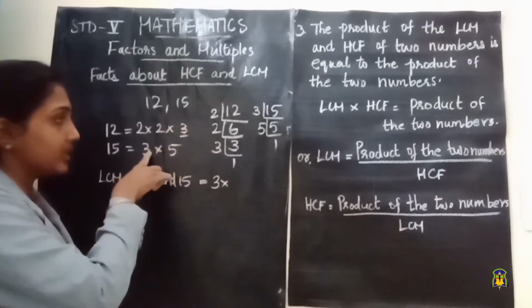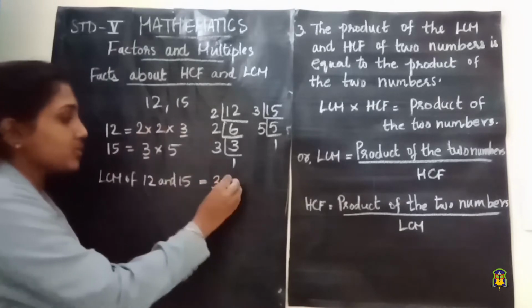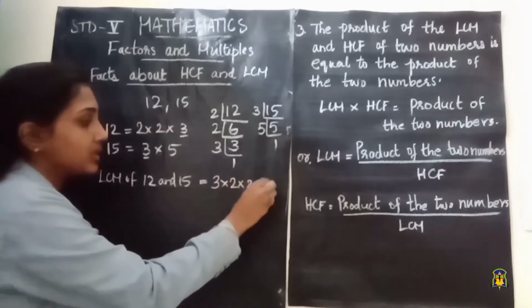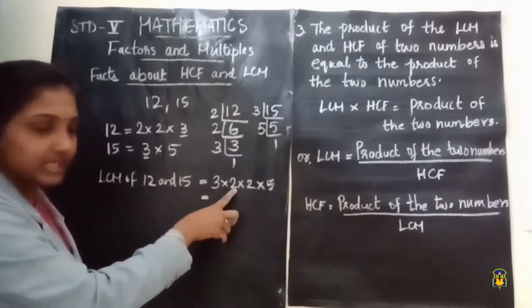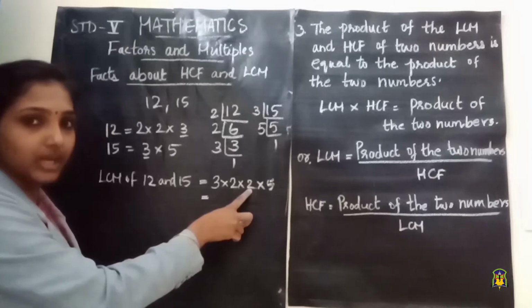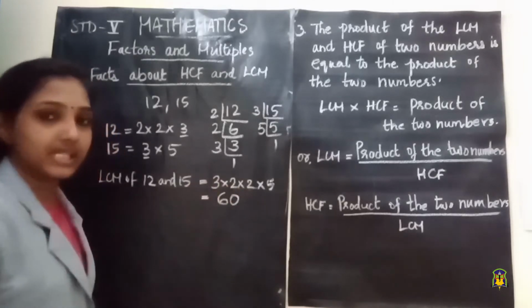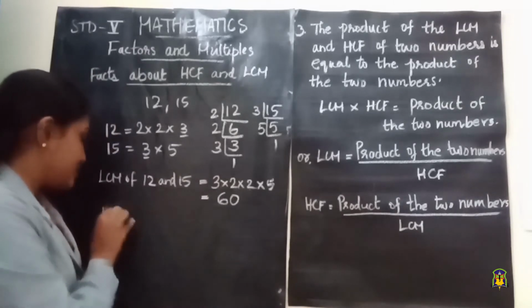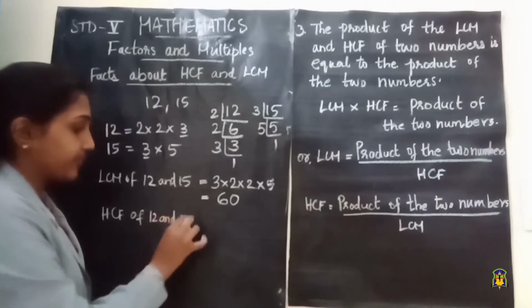So 3 into, next the uncommon prime factors, it's 2 into 2 into 5. So it is 3 into 2, it's 6. 6 into 2, it's 12. 12 into 5, it's 60. Right? 60.